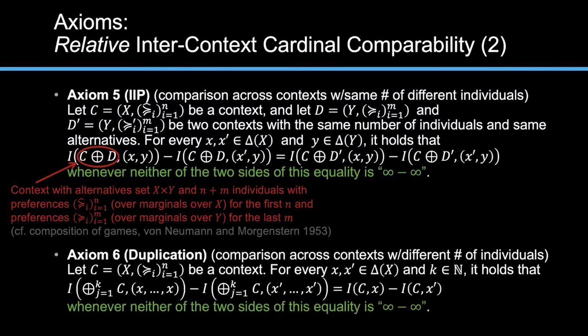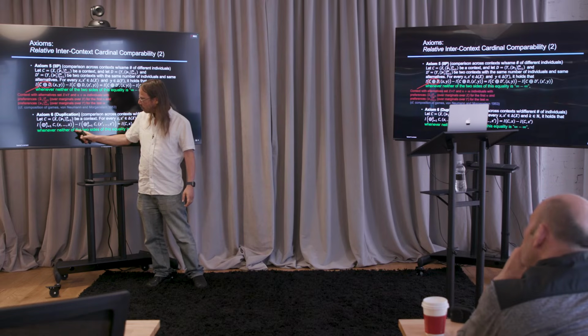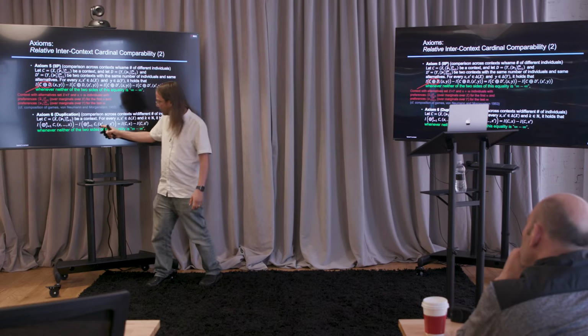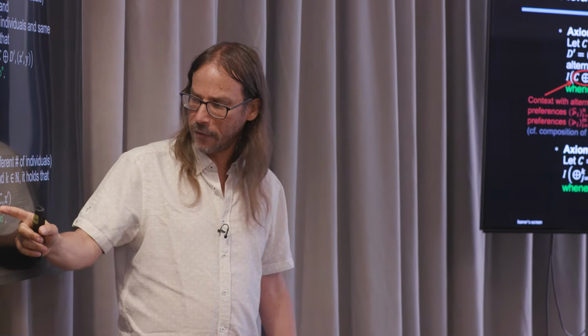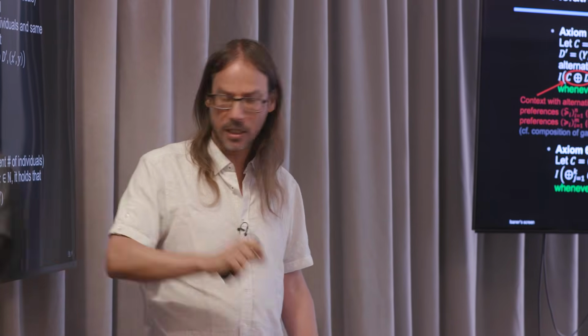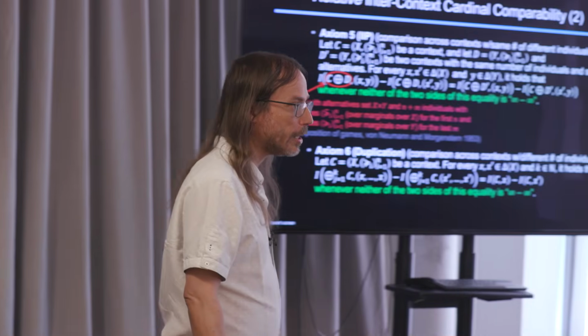So we take k independent copies of C, put them side by side, and treat them as a big context. And we take two alternatives, X and X prime, and we say the difference between the inefficiencies of all X here and all X prime here should be the same as the difference between the inefficiencies of X and X prime in the original context.